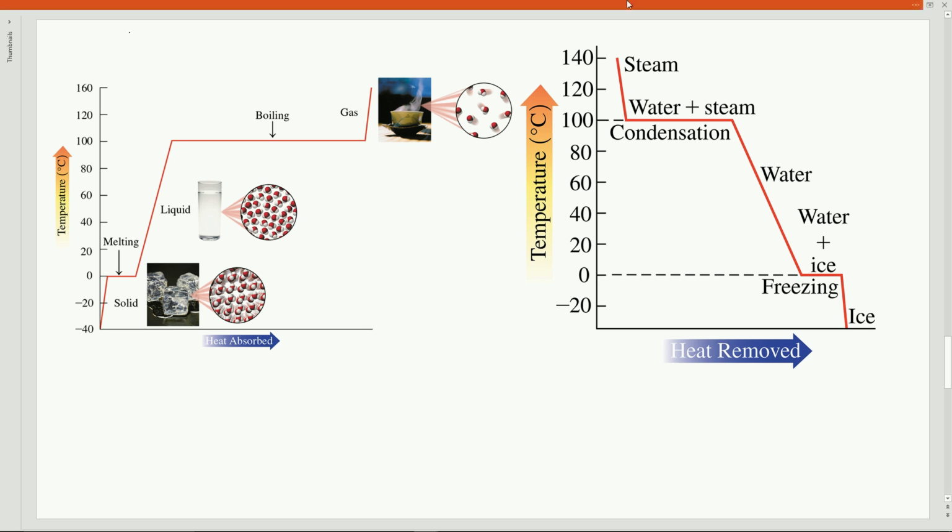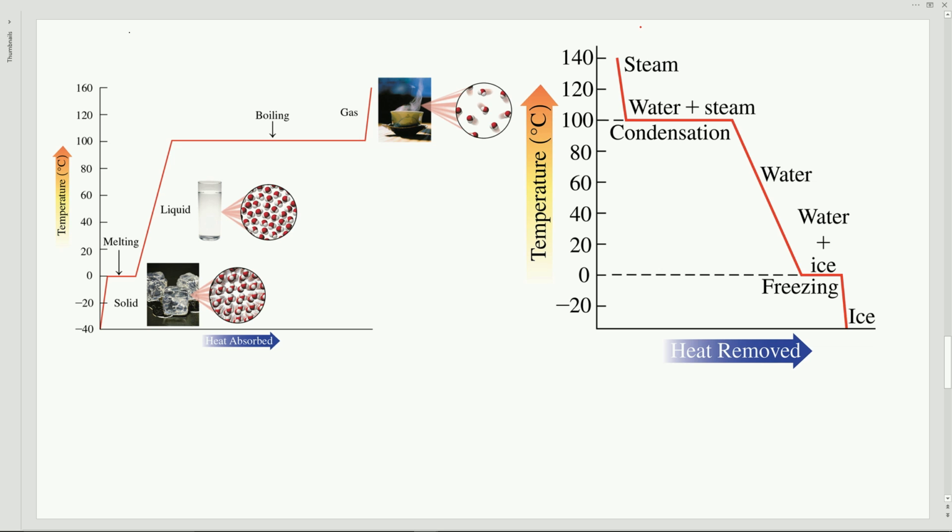So the cooling curve is just the exact opposite of the heating curve. Now we're removing heat, and as our temperature decreases, we go from steam to water and steam, which is boiling. So now we're at the boiling point of water. Then as that water cools even further, we're converted back completely to liquid water.